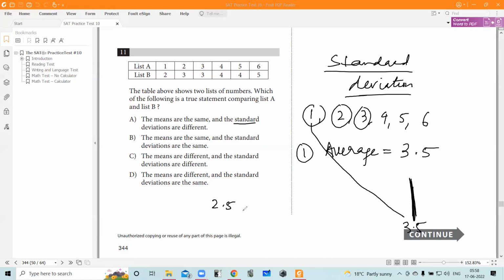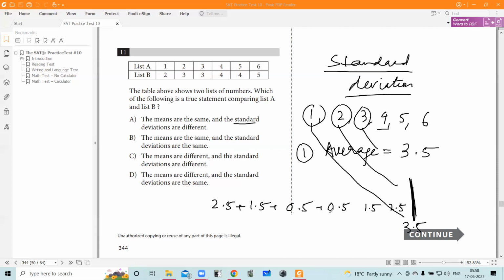And what about the deviation of 2? 1.5. What about 3? 0.5. What about 4? 0.5. 5? 1.5. 6? 2.5.